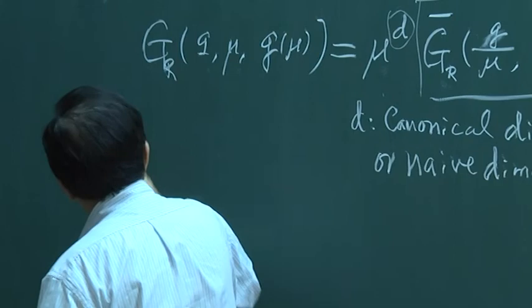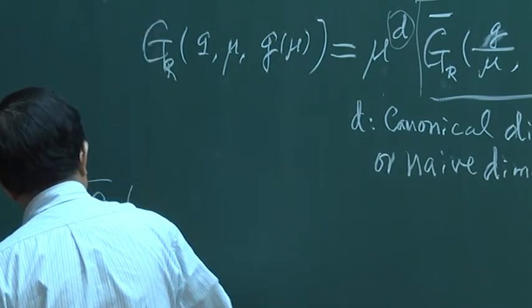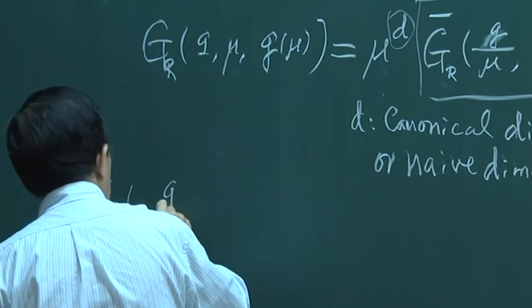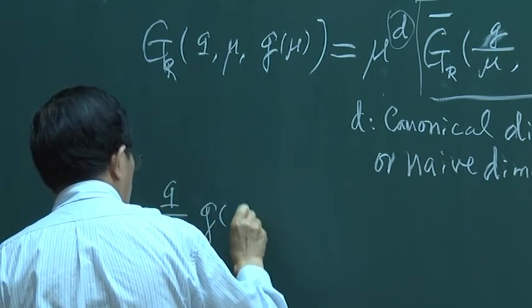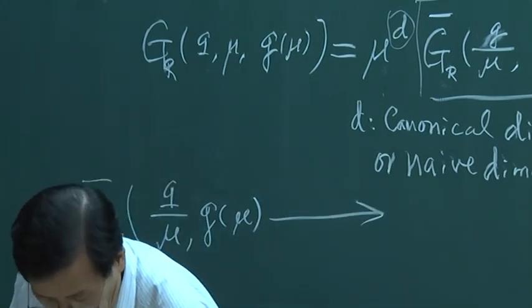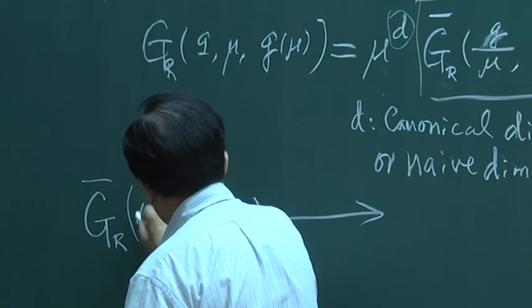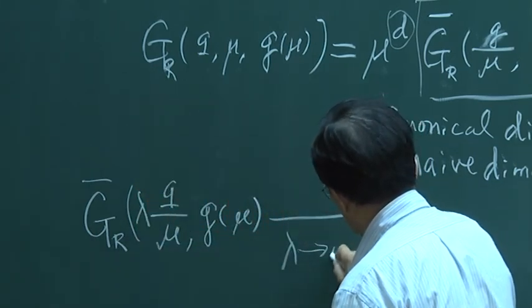Now in the renormalization group analysis, with Q over mu and g, mu. Then what did I say? Suppose you put a lambda here, and let lambda go to infinity.